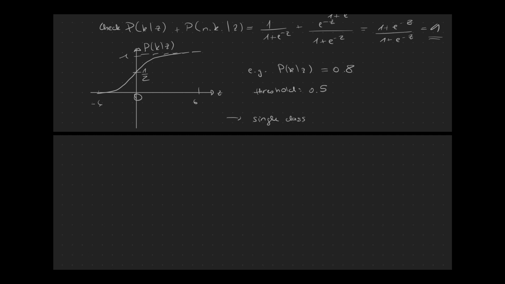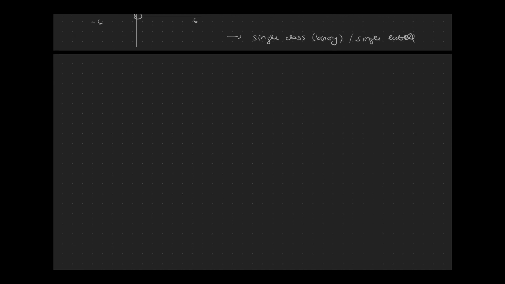So we have a binary class, and we have a single label, right? Single label means that when we train a machine learning model, we need to tell it what the right answer is. And since we map the input set to a single class, we also have a single label.